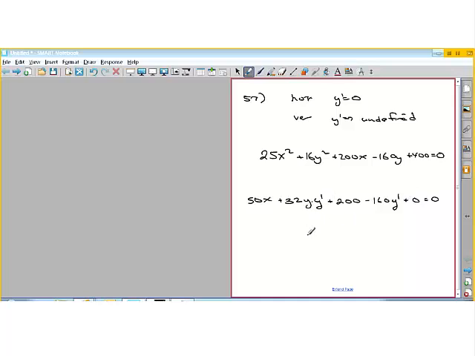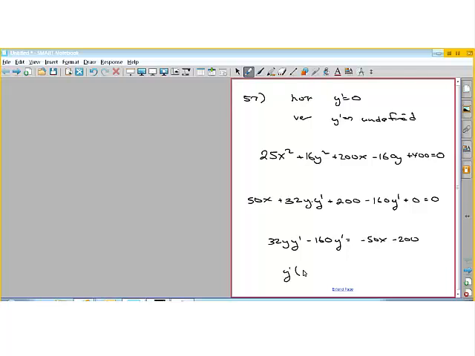So these two terms involve y prime, so let's just leave them where they are. 32y prime minus 160y prime is equal to negative 50x minus 200.